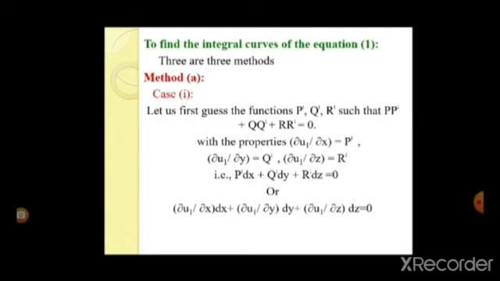Here we are discussing the concept. In this method, we have the fraction, that is (p dash dx plus q dash dy plus r dash dz) by (p dash plus q dash plus r dash).